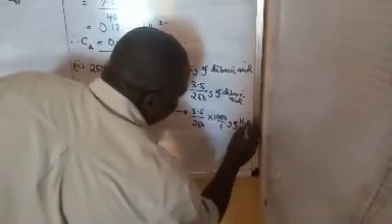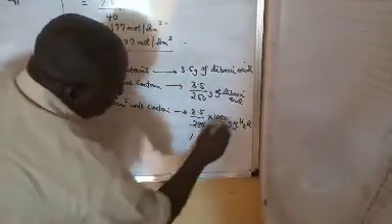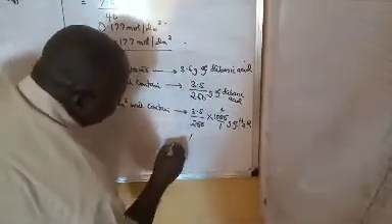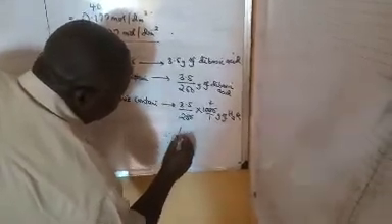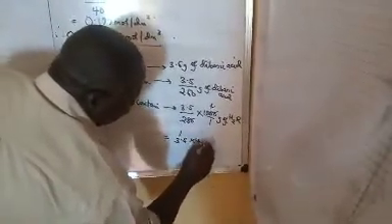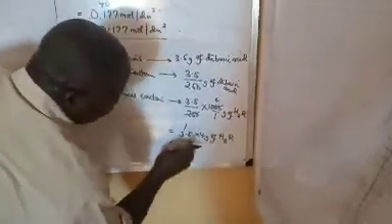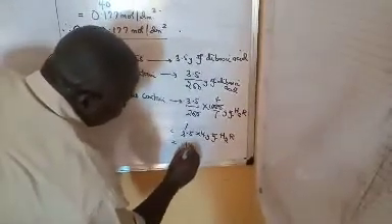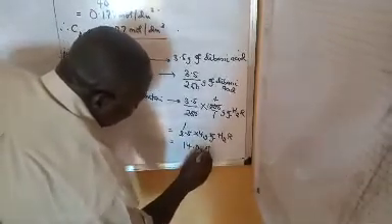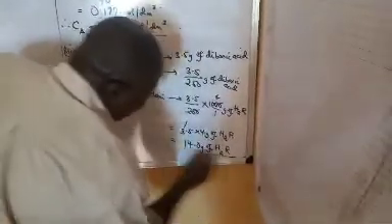So 250 and 250, 1. 250 and 1000 is 4. So what do I have? I have 3.5 times 4 grams of H2R. What would that give us? Let's see, 14.0 grams of H2R. So that's the mass.